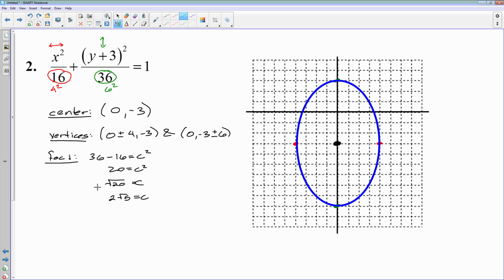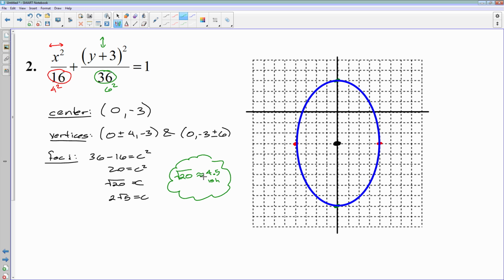And then I'm also going to think, well, square root of 20 in the back of my mind, I know that 4 squared is 16. 5 squared is 25. So square root of 20 is going to be somewhere between 4 and 5. So I'm going to say that's about 4.5-ish. That's a guess.